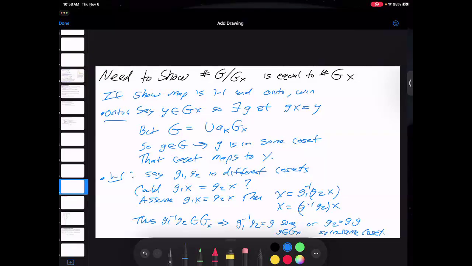So we have shown that we have a nice one-to-one onto map. If you have two finite sets and you have a one-to-one onto map, do they have to have the same number of elements? Yes. If the sets are infinite, that is not necessarily true. As long as the sets are finite, if you have a one-to-one onto map, they have to be the same.